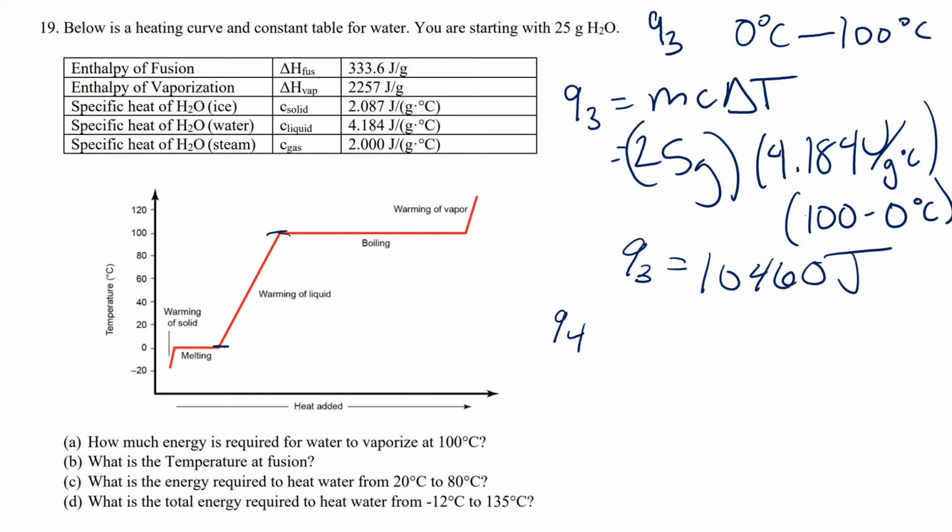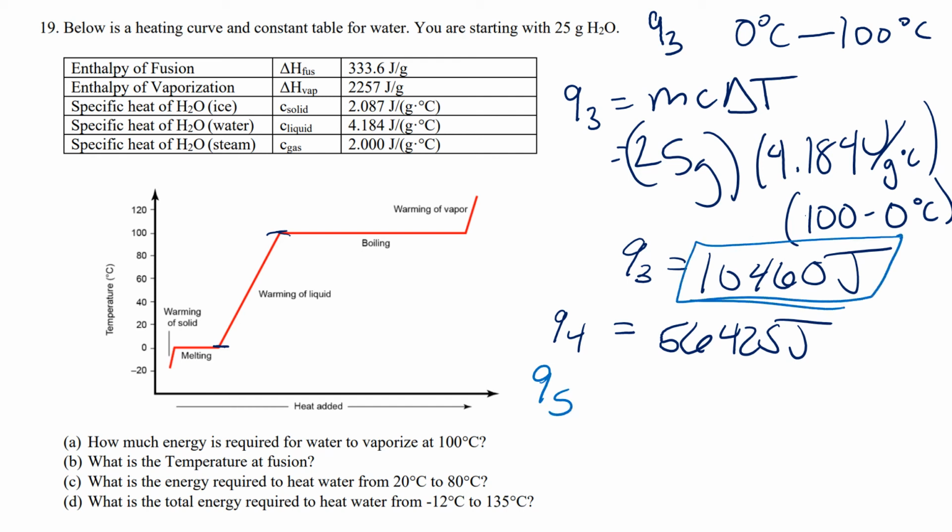Q4, we did it in A, so Q4 is just equal to 56,425 joules. Q5 is when we're going from 100 degrees Celsius to 135.